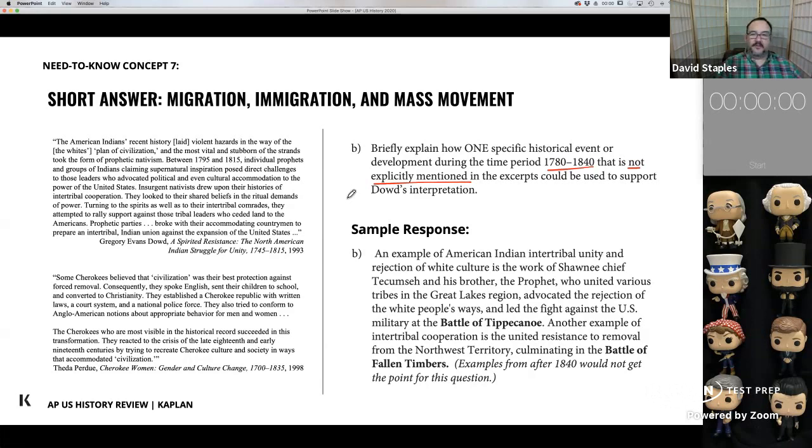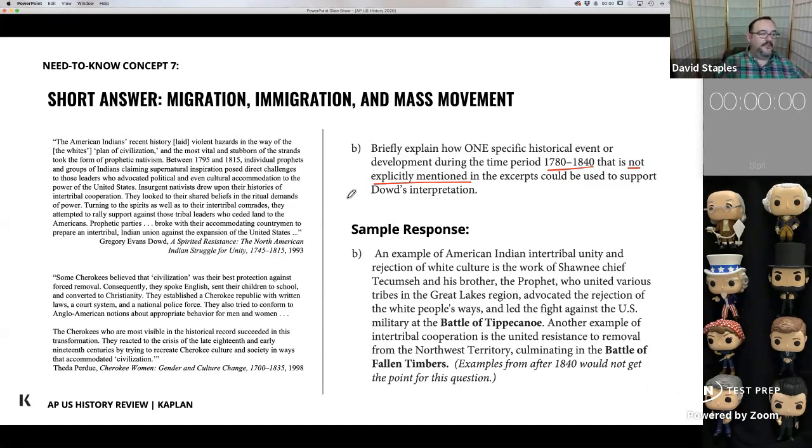So if you pull something like Custer, it's not going to work because that's too far out. But you could use something like the Battle of Tippecanoe. You could use the Battle of Fallen Timbers. Those are some examples that you could use.